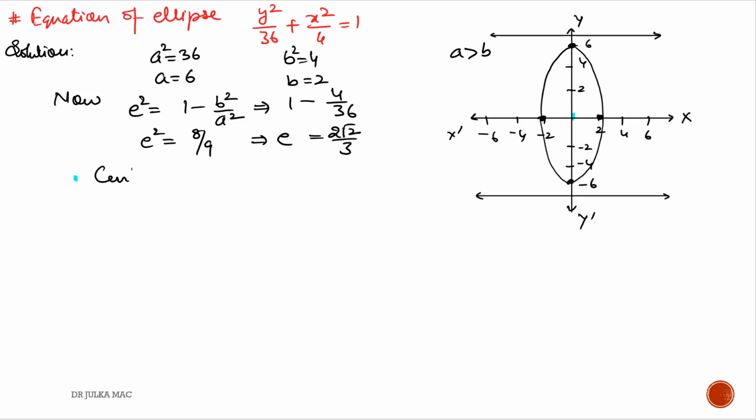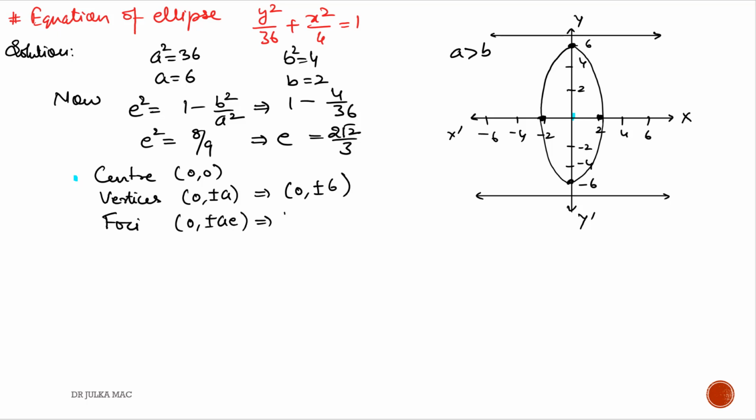Here, center is 0 comma 0 because center at origin. Vertices 0 comma plus minus a, which equals 0 comma plus minus 6. Foci is 0 comma plus minus ae. A is 6 and e is 2 root 2 by 3.